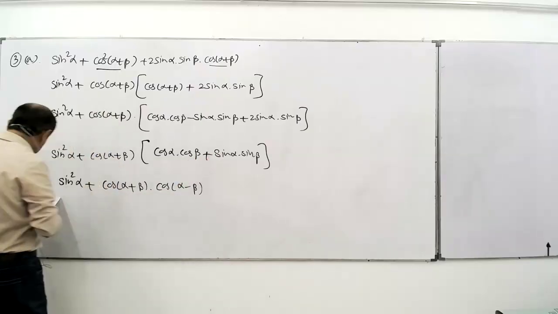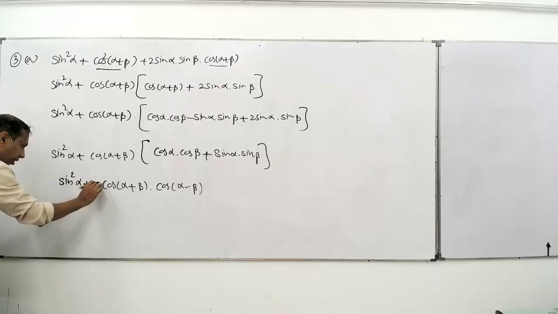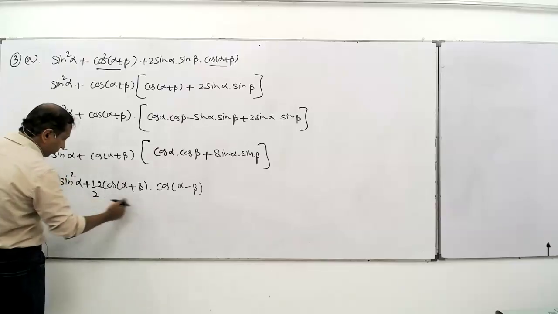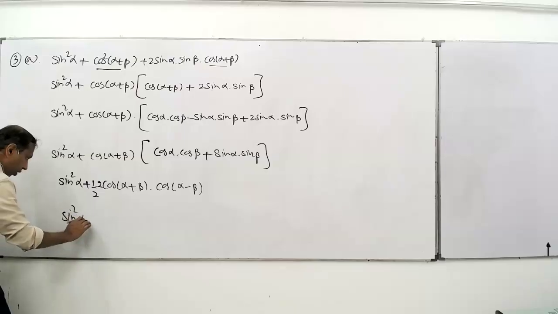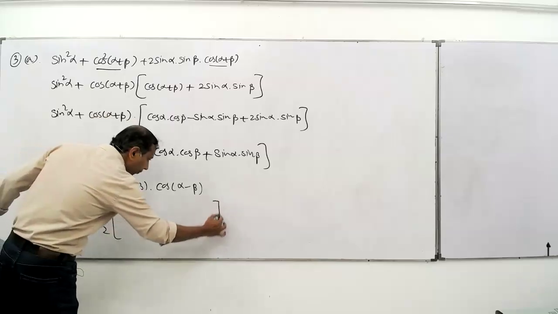Okay. Now what do I do next, people? I multiply this by 2 and divide by 2. It won't change, right? This product, multiply by 2, divide by 2. Now sine squared alpha plus half of this product.